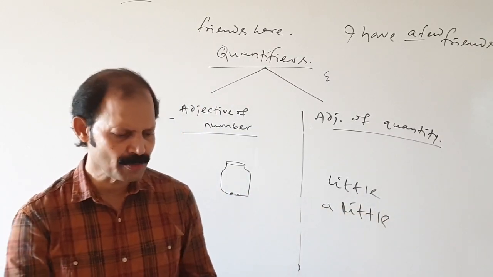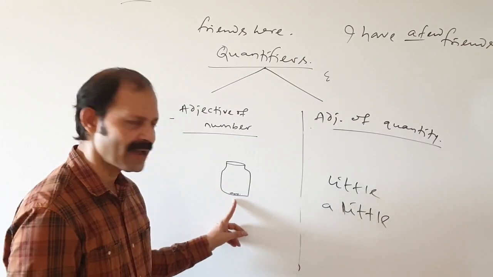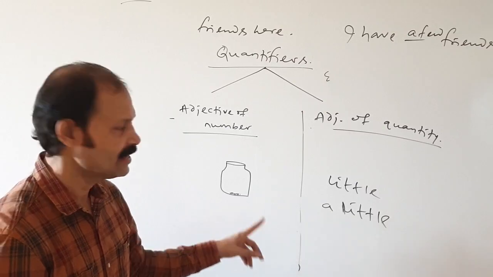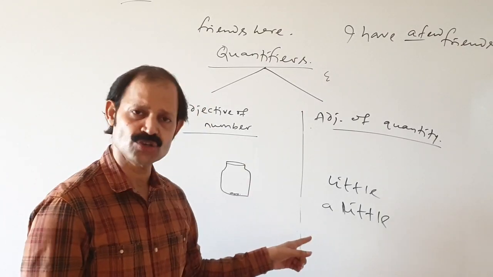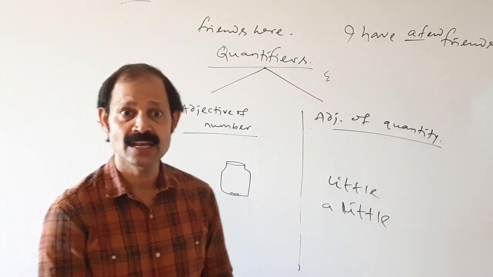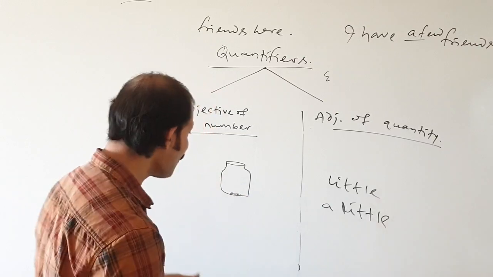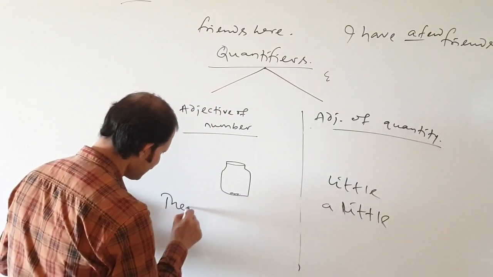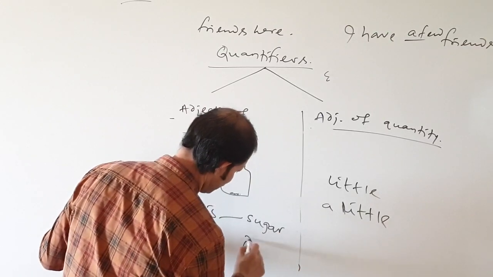Your papa asked your mama to make 2 cups of tea, and this much sugar is sufficient to make 2 cups of tea. Then mama will say, it's okay, there is little sugar in the jar, I can manage, but tomorrow you have to fetch some sugar from the market. So now the sentence is: there is little sugar in the jar.